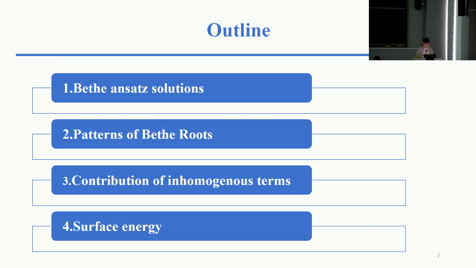The second part is about the patterns of Bethe roots, because we need to know the density of the Bethe roots, then we can give the eigenvalue. The third part is about the contribution of the inhomogeneous terms, because we want to use the normal approach, so we need to know the contribution that comes from the inhomogeneous terms. And in the last part, we will give the analytical equation of the surface energy.